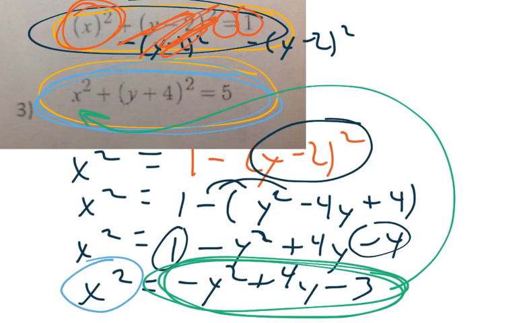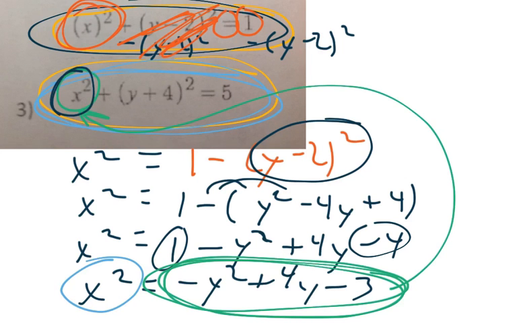Now I need to change screens here, but I'm going to, as you'll notice, plug that into the other x squared in the second equation right there. So here we go. I'm going to have negative y squared plus 4y minus 3. Okay. Again, I'm plugging it in right there for x squared, so I have a plus there.